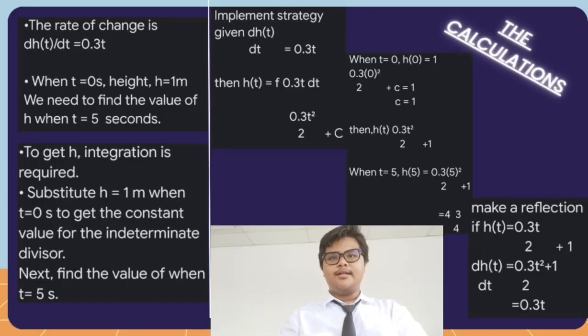The rate of change is dH/dt equals 0.3t. When t equals 0 seconds, H equals 1 m. We need to find the value of H when t equals 5 seconds.